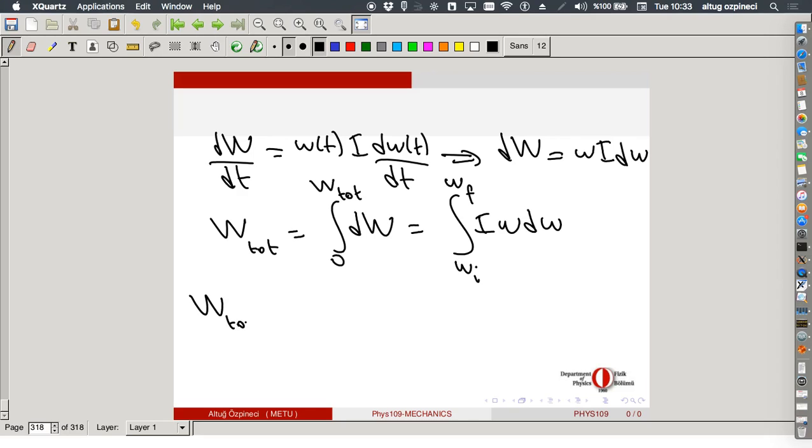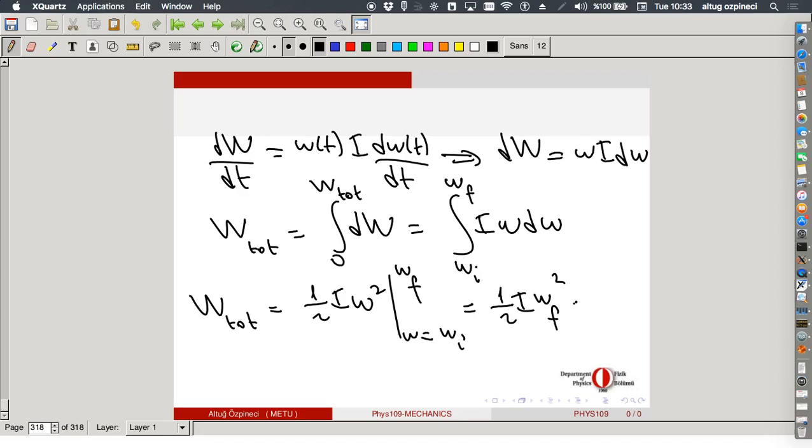So W total is just equal to 1/2 I omega squared, as omega changes from omega i to omega f. This is 1/2 I omega f squared minus 1/2 I omega i squared. This is the total work done on my system.